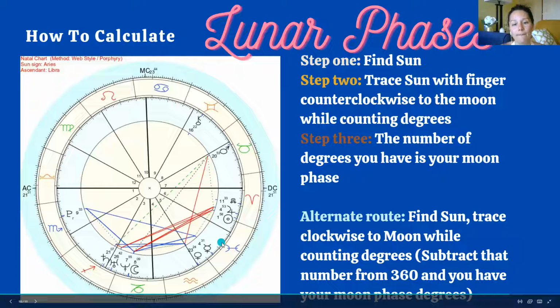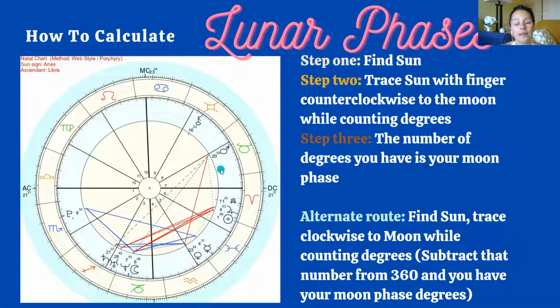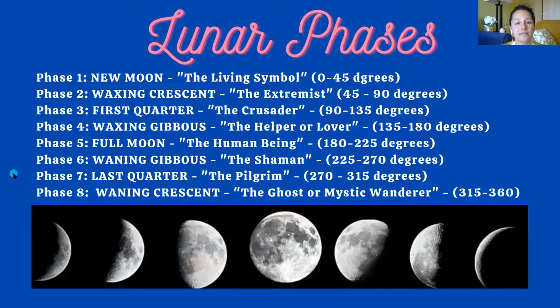If they're square, like I said, it's either a last or first quarter. And then anything in between, you can refer back to this. If I was born with my sun 50 degrees away from my moon, then you would know you're born under the waxing crescent moon.